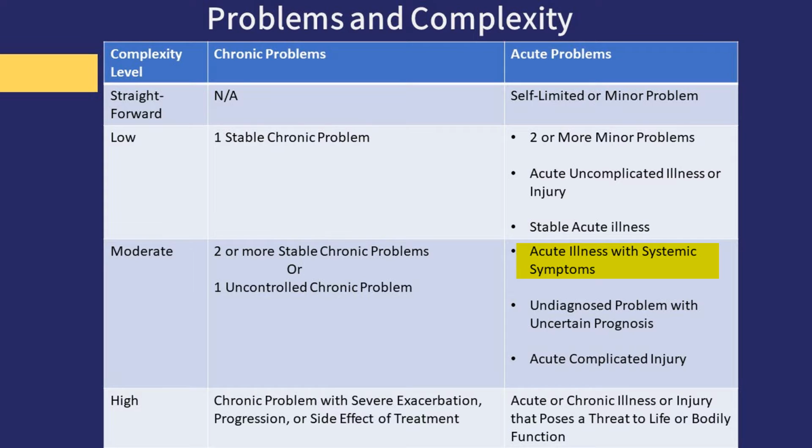However, specific symptoms of even a single organ system that may indicate a high-risk condition would count. An acute complicated injury is one which requires evaluation of body systems not directly related to the injured area, if the injury is extensive, or if there are multiple treatment options, or if the options have a high risk of morbidity. Finally, the high level includes an acute or chronic injury that poses a threat to life or bodily function.